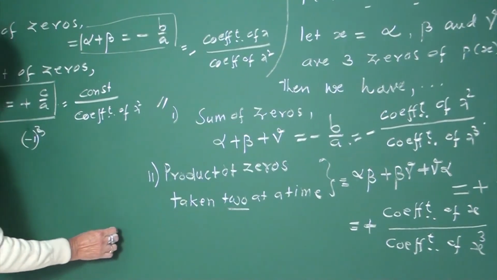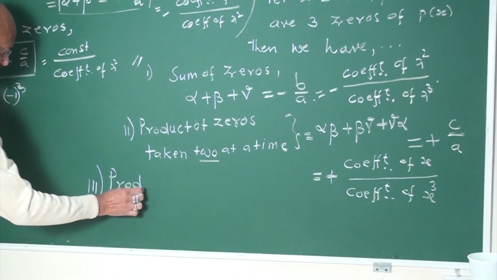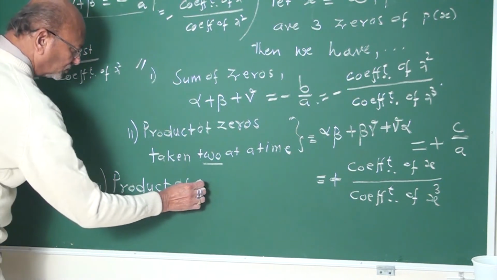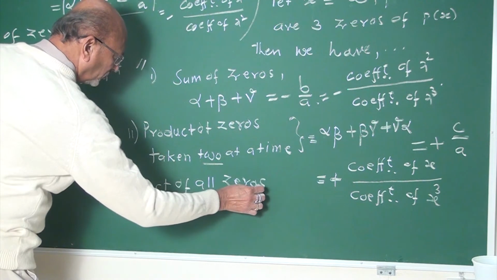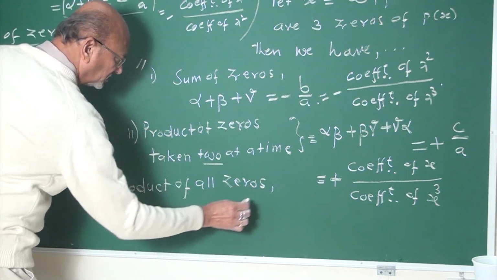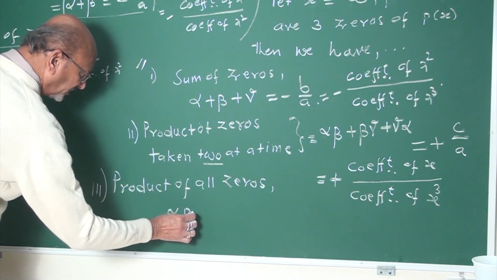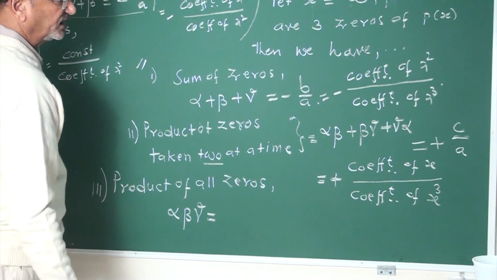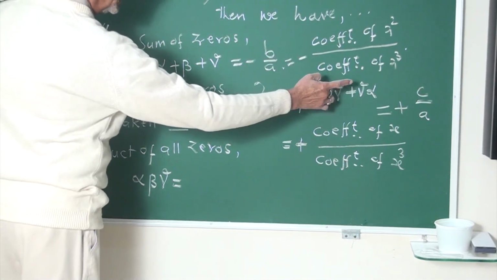What is the last one? The last one is the product of all the zeros, all three zeros. Alpha into beta into gamma equals alternate sign change. This is minus, that is plus.